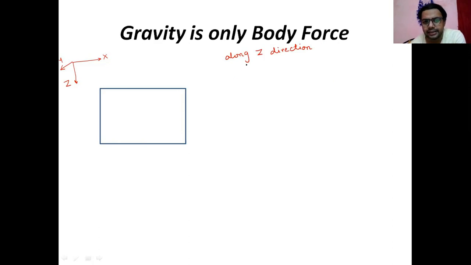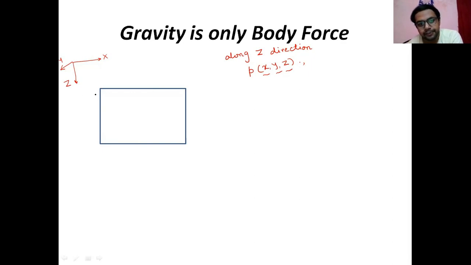Again, first consider that the pressure is a function of x, y, and z. It is not just an assumption we are taking. So along the x-axis the pressure is changing.